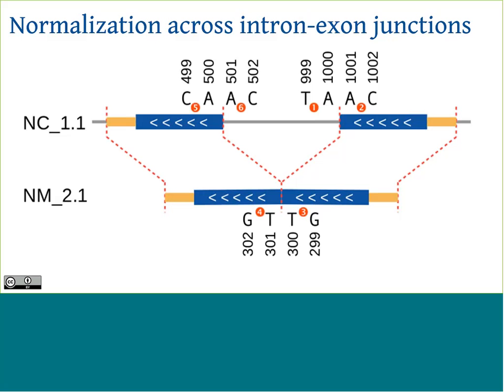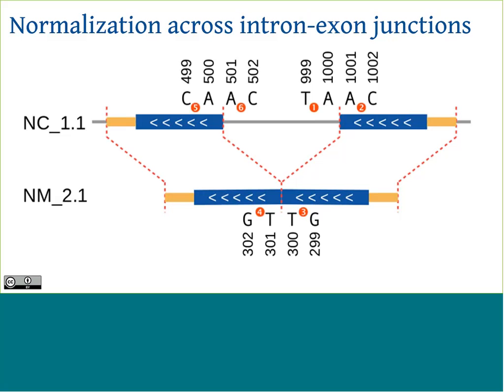So let's imagine that there's an indel between 999 and 1000 here on the genomic sequence at position 1. If you naively apply normalization, that could shift to position 2. So an insertion of A at 1 would shift to its rightmost position and become an insertion of A within the CDS.